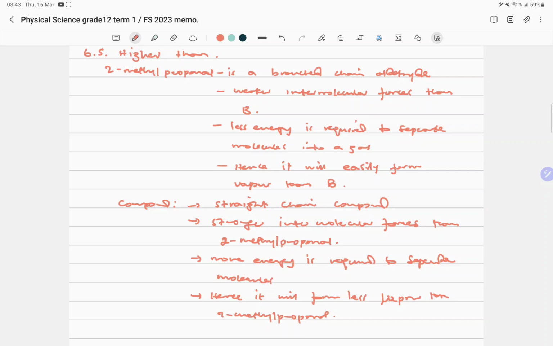You can even go on and say it will have a higher boiling point and therefore less vapor pressure compared to the other one, but at the end of the day, the story is the story. Okay, so actually you can use this one.